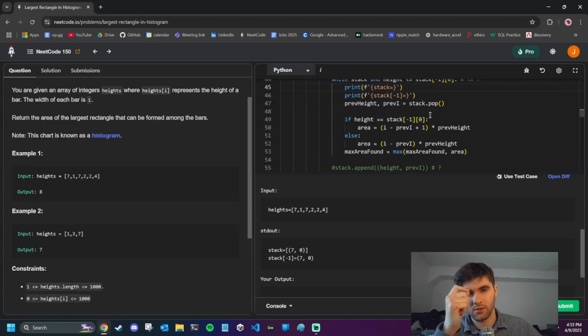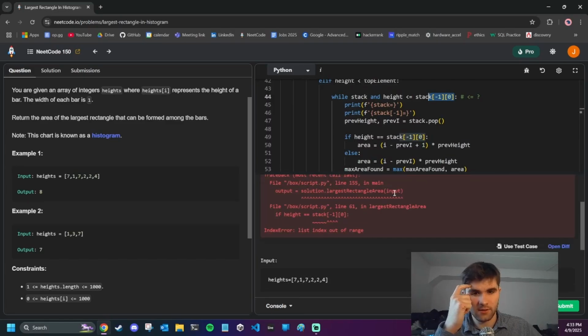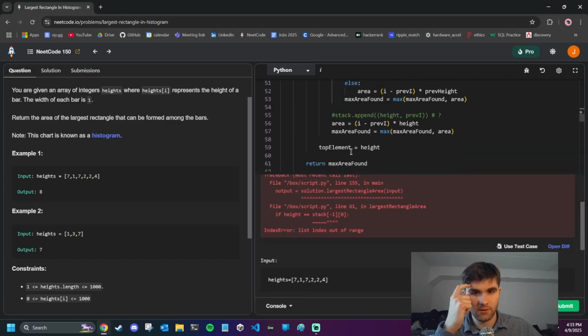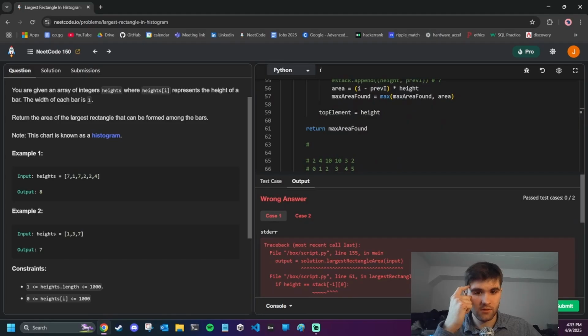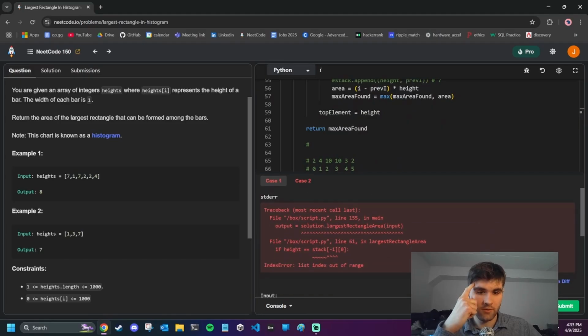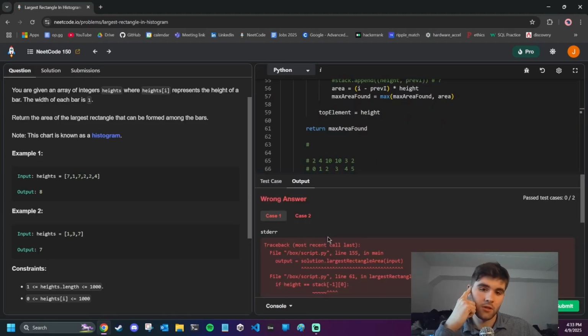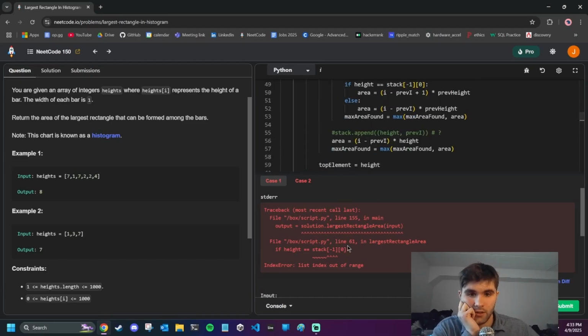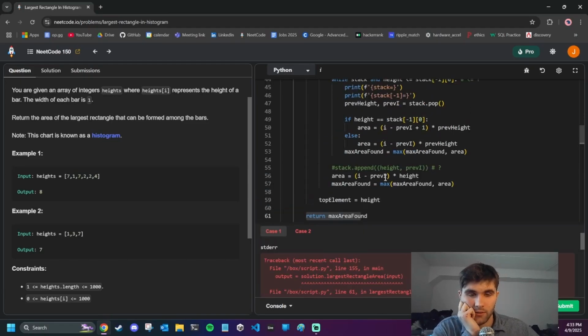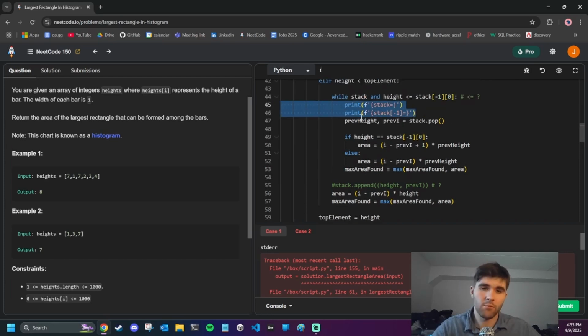Okay. Is it this? Is it that? Line 61. If height equals, so it's right here. Is it because I pop from the stack?